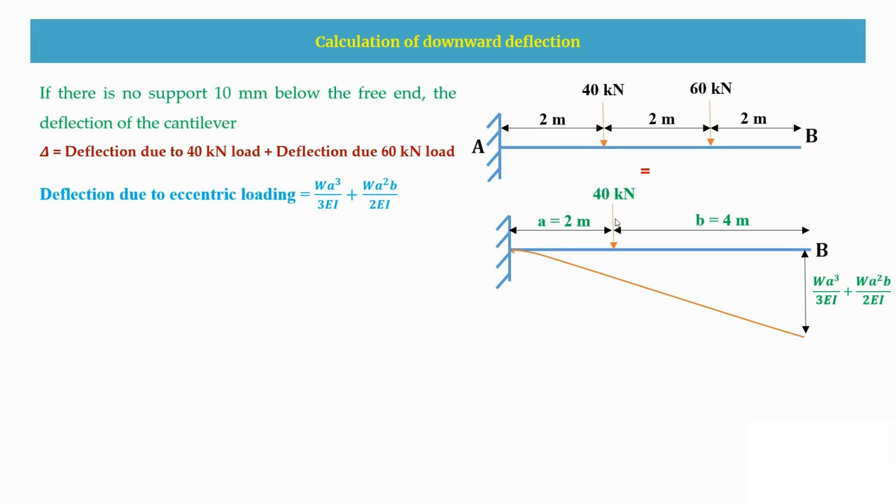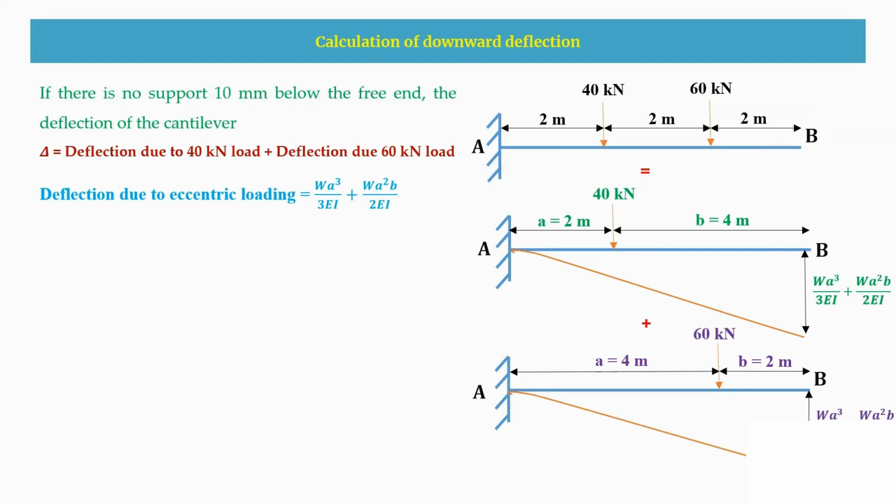For this 40 kilonewton, A is 2 meters, B is 4 meters, and this is the deflection curve we are getting. As this is a downward load, you are getting a downward deflection. And for the next case, you are having 60 kilonewton, and here also the deflection will be downward. So same formula we are going to use, but here we are going to change A and B values.